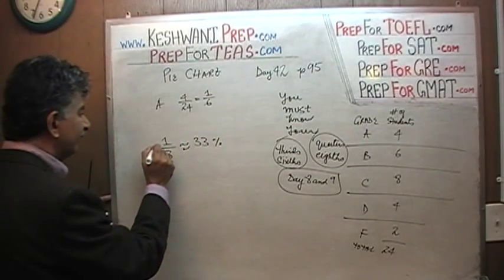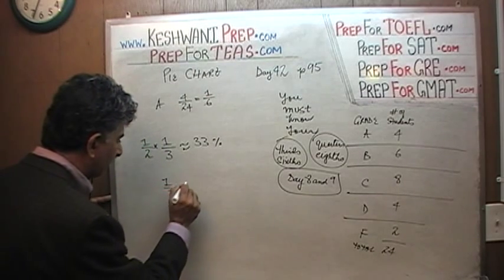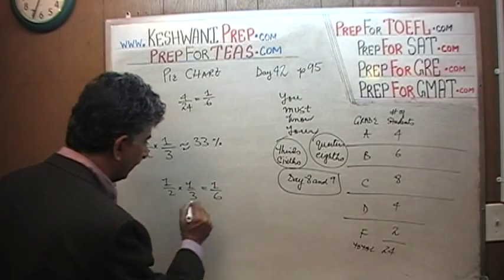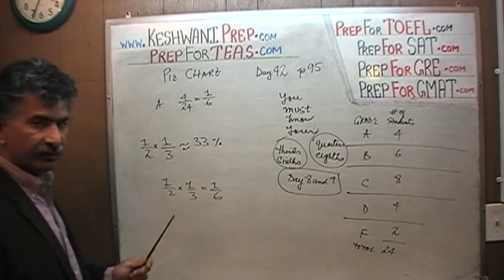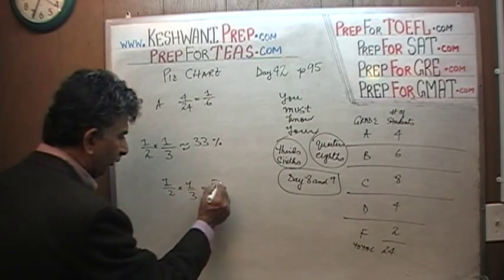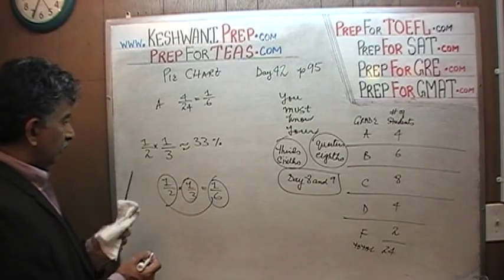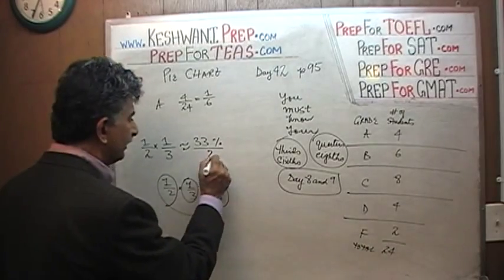Therefore, 1/6 is going to be half of that. 1/6 is simply half of 1/3. You see, 1 times 1 is 1 on the top, and on the bottom we're going to get 2 times 3, which is 6. So 1/6 turns out to be half of a third. So what is half of 33?